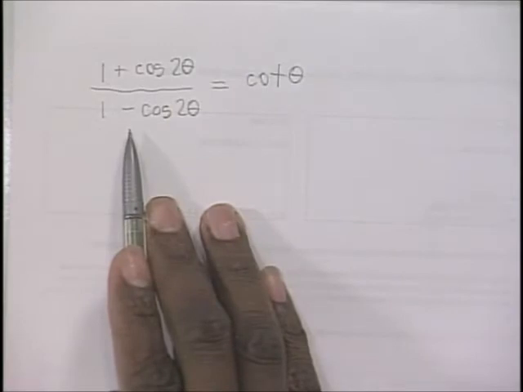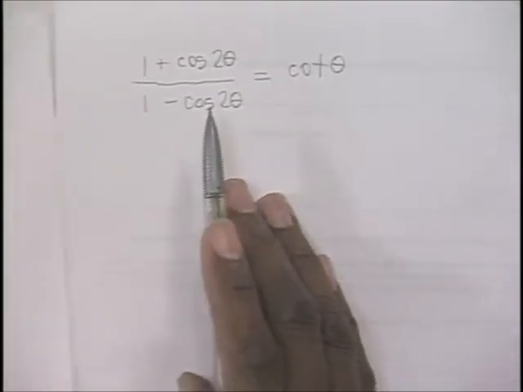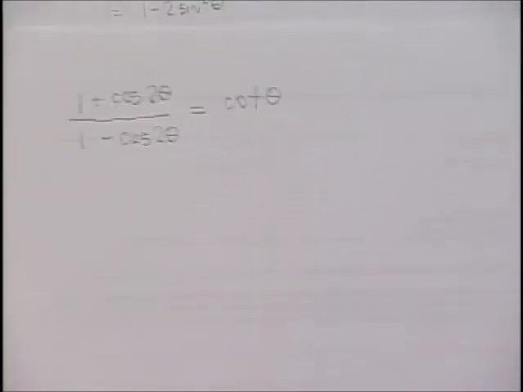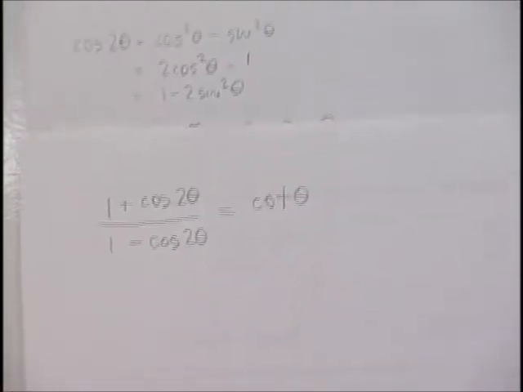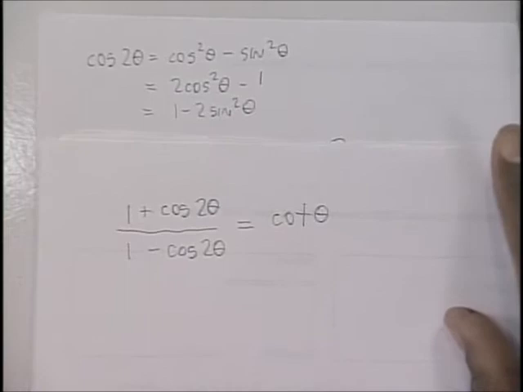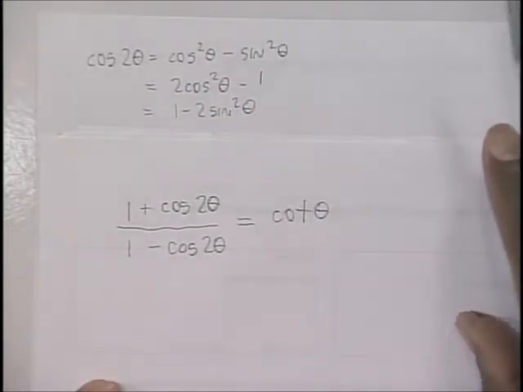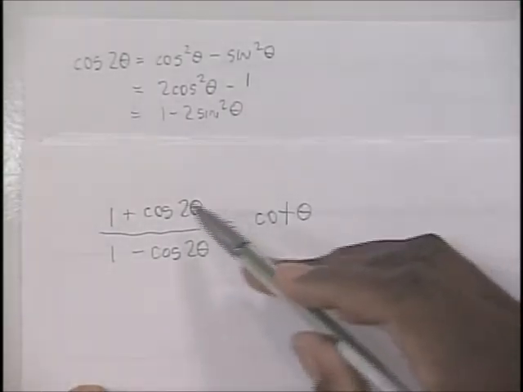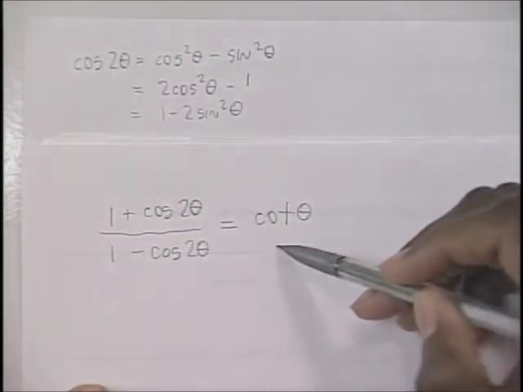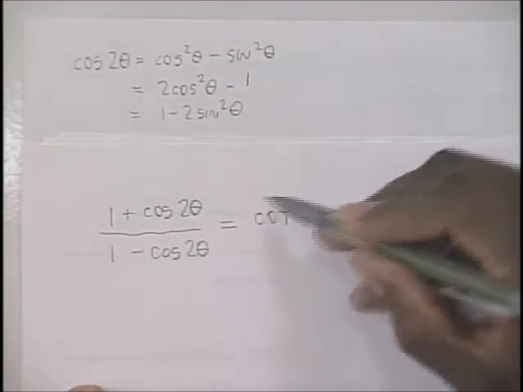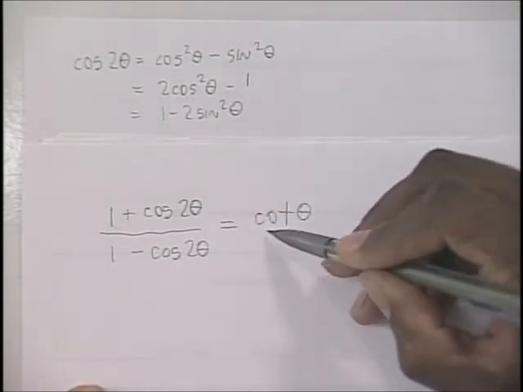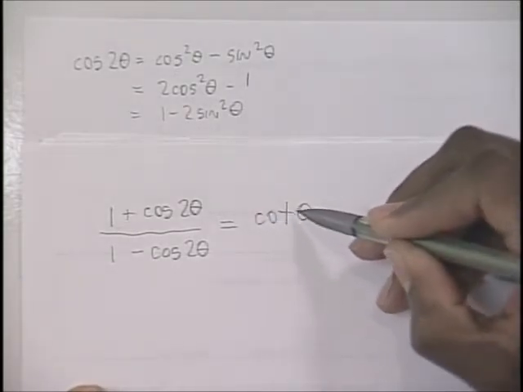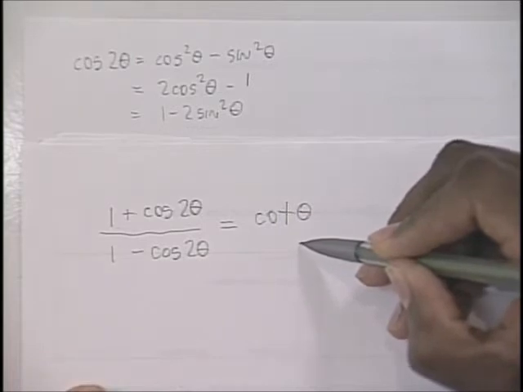So the beauty of what we're doing is we've already shown you here that there are different ways to write cosine 2 theta. You're trying to get this to equal this. Now, if you know what cotangent is, cotangent is the cosine over sine by definition.